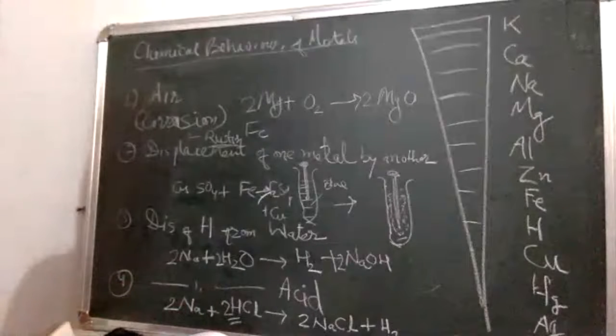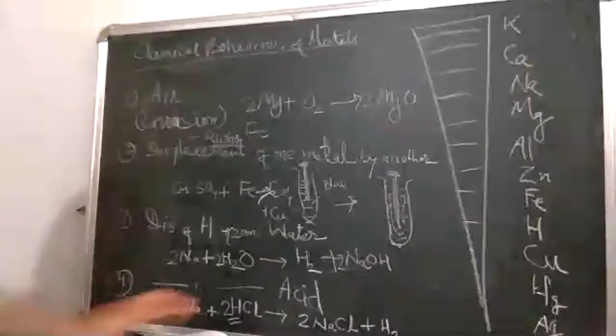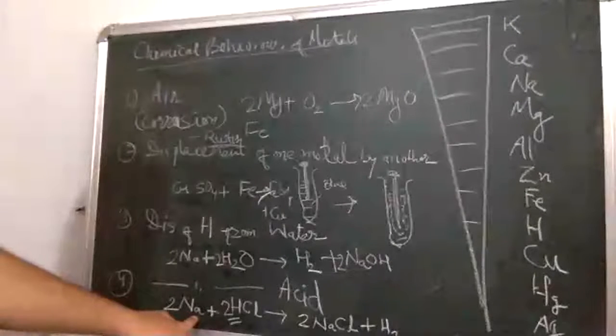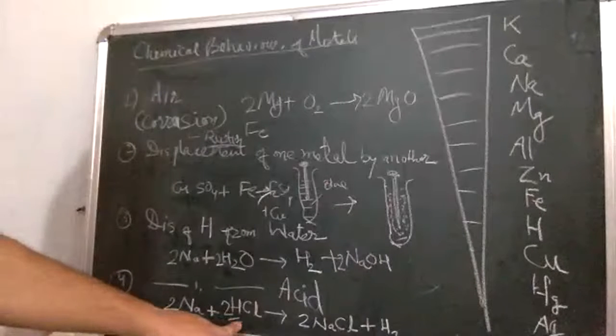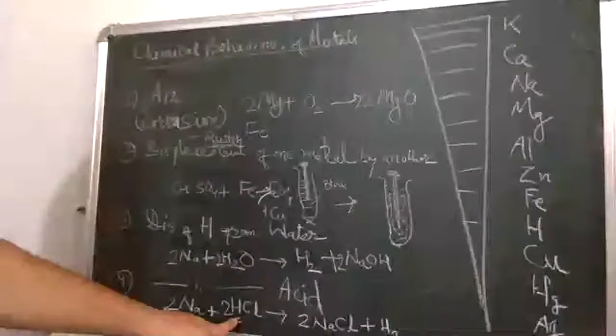The same thing happens with magnesium. I'm having less space here. If instead of sodium you keep magnesium here, and you put that magnesium into sulfuric acid, what is the formula of sulfuric acid? H2SO4.